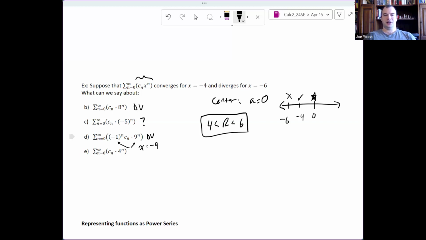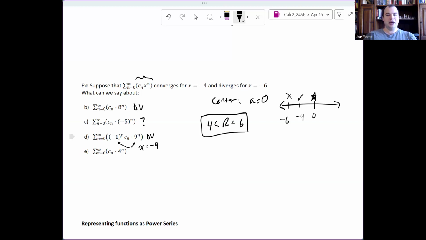If we converged on an open interval containing -4, then we could say yes. But we could converge at -4 by converging on the open interval from -4 to 4, and then also converging at that endpoint -4.